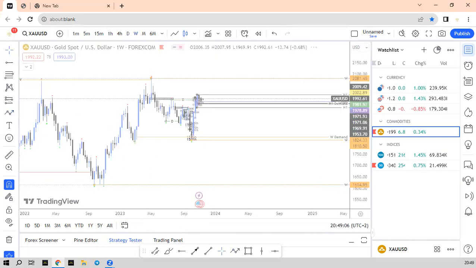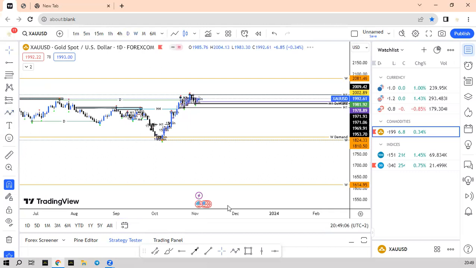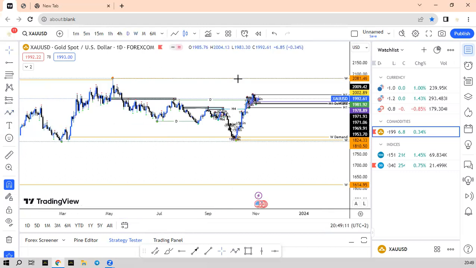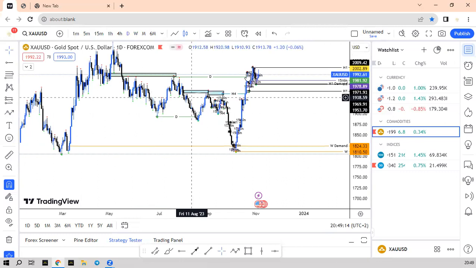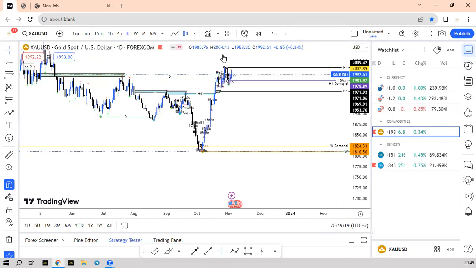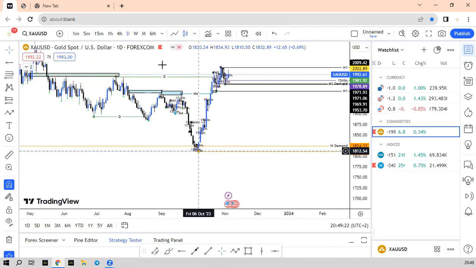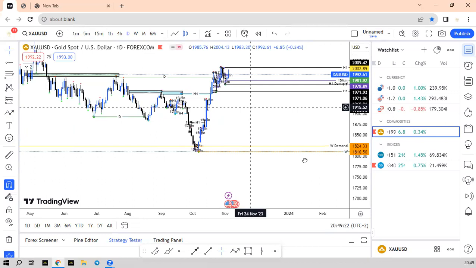Looking at the daily time frame, we can see that we were bearish from here, created a bearish structure. Now we have a break of structure here, meaning that we might actually be going up, because this has confirmed that we are going up.